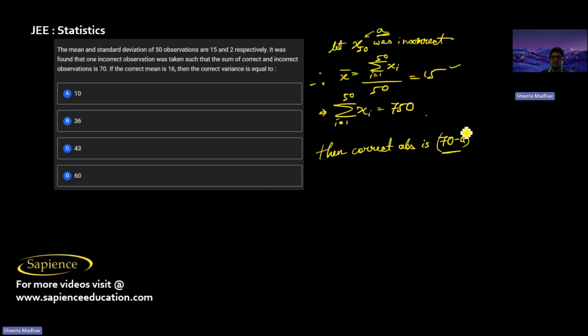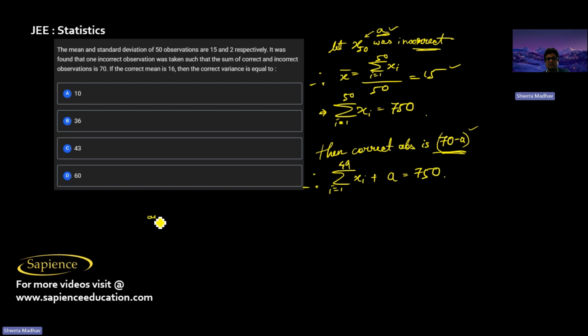So if I take the incorrect observation as A, then the correct observation will be 70 minus A. Now we can say that summation xi, i goes from 1 to 49, plus the incorrect one, that is A, is equal to 750.